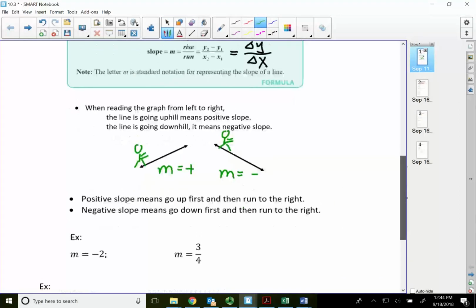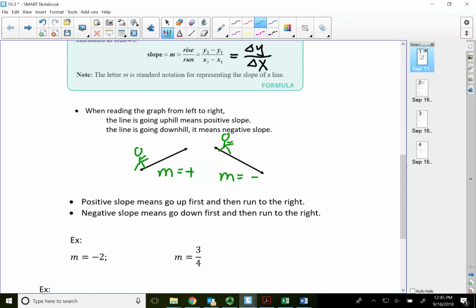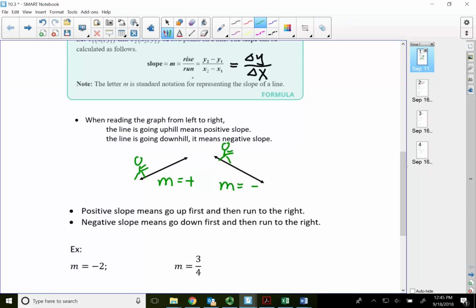All right, so how do positive slope and negative slope translate for the rise over run? Positive slope means we will rise first, go up first, and then run to the right, okay? The reason we use the wording rise over run is that when I write the words rise over run, technically this fraction is positive, okay?